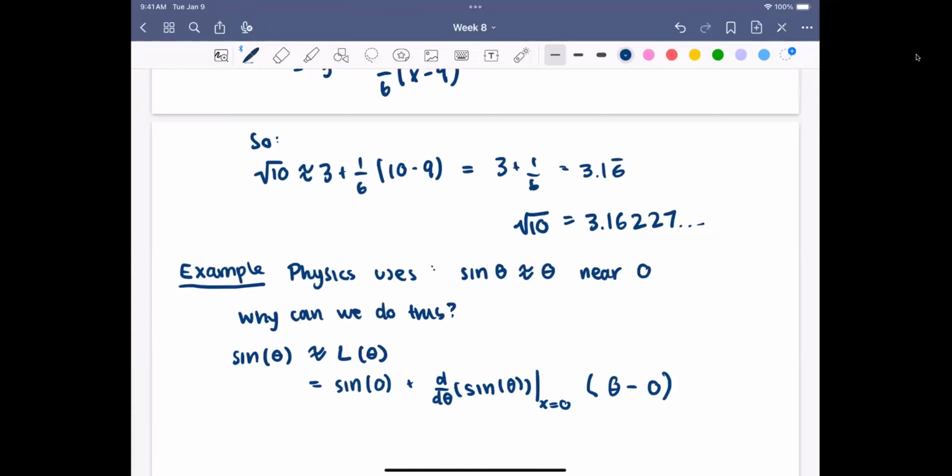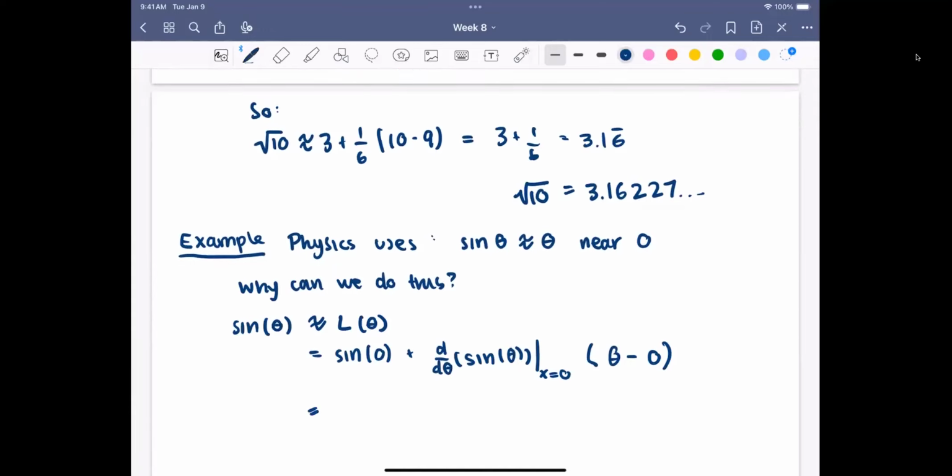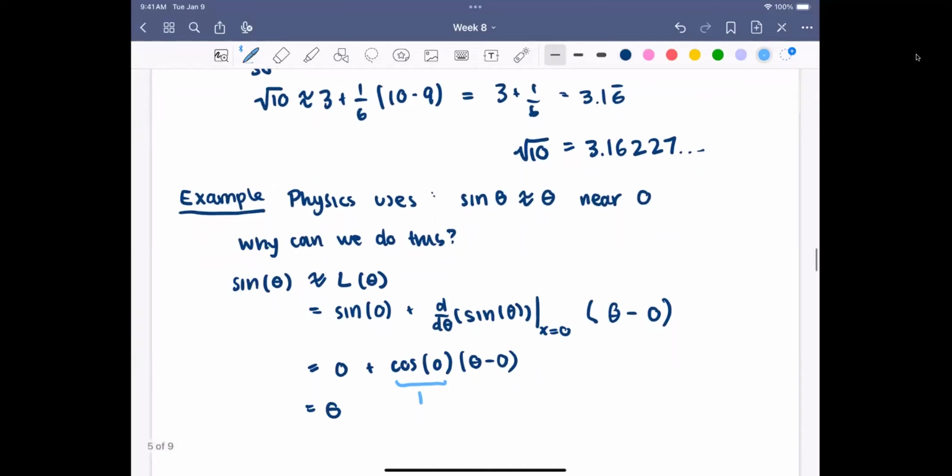Cosine. And what is sine of 0? So we get 0 plus cosine of 0 times theta minus 0. What's cosine of 0? Yeah, so we're just left with theta. So that's our small angle approximation.